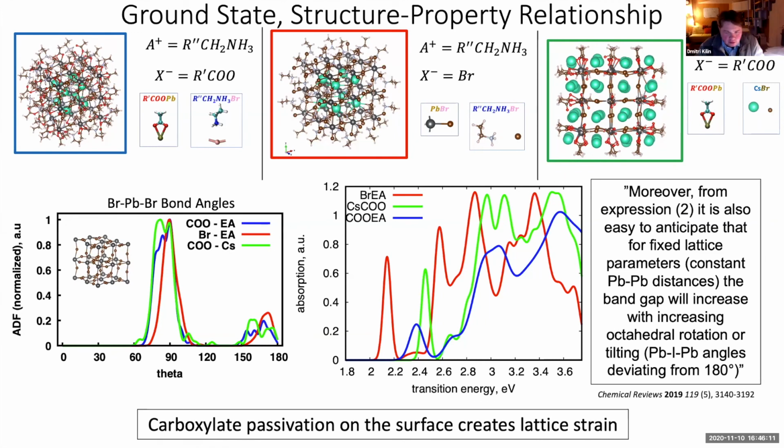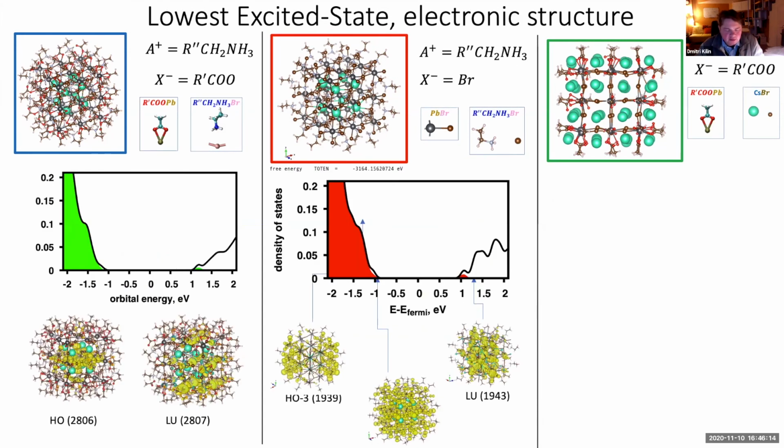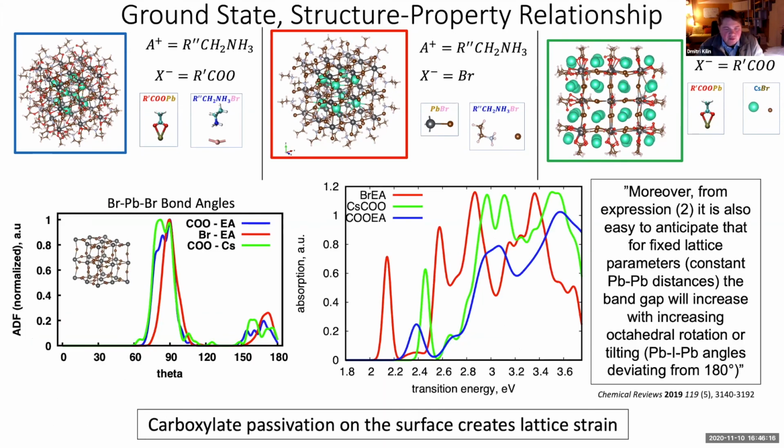So you have supported with this data that the volume of the anchoring carboxylate group is bigger than any other ligands, and therefore it creates strain and makes a blue shift of transitions. Yes.